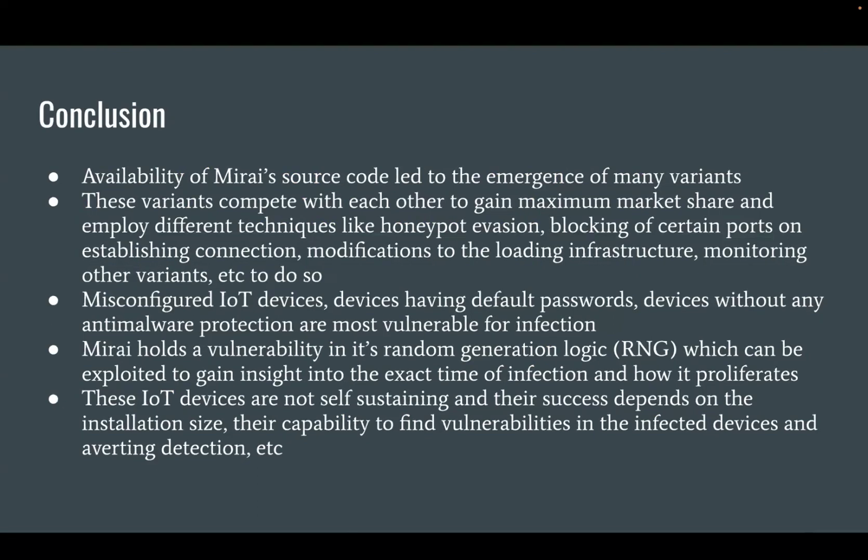Also, we've seen that the success of the botnet depends on the installation size, the capability to find vulnerabilities in infected devices, and averting detection. All these three things are used to fight against each other in the battle to gain control over as many IoT devices as possible out there in the market.